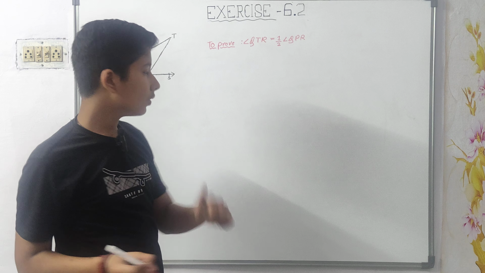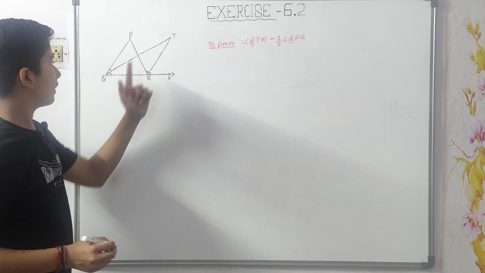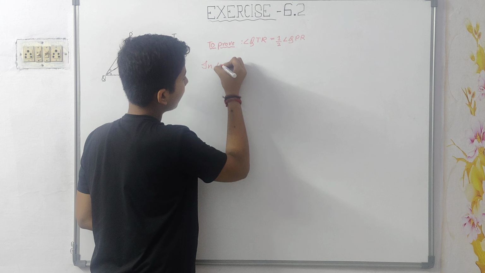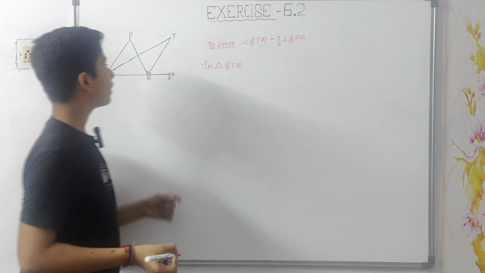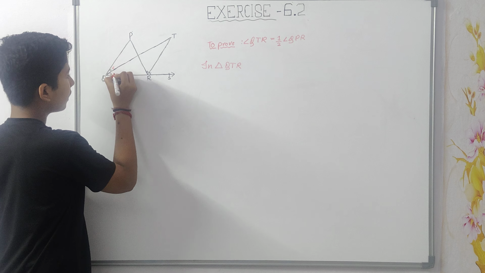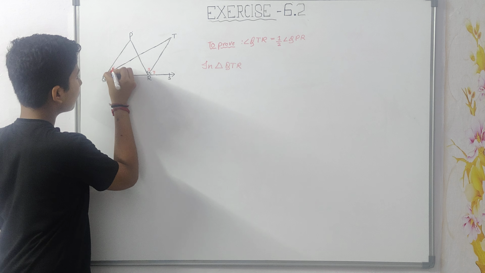So what will we do? Firstly, let's see in triangle QTR. Let these both be x, these both be y.